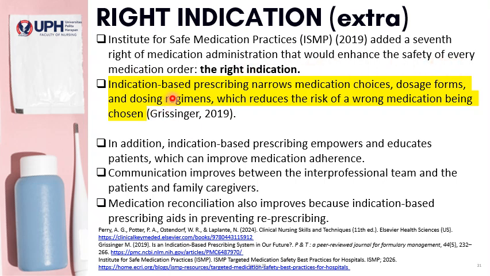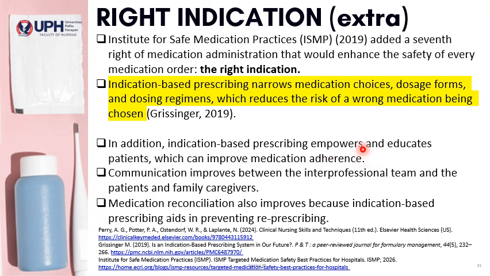With indication-based prescribing, we narrow the medication choices, dosage form, and dosage regimens, and we reduce the risk of the wrong medication being chosen. In addition, when we prescribe medicine on an indication basis, we educate the patient and can improve adherence to the medication.